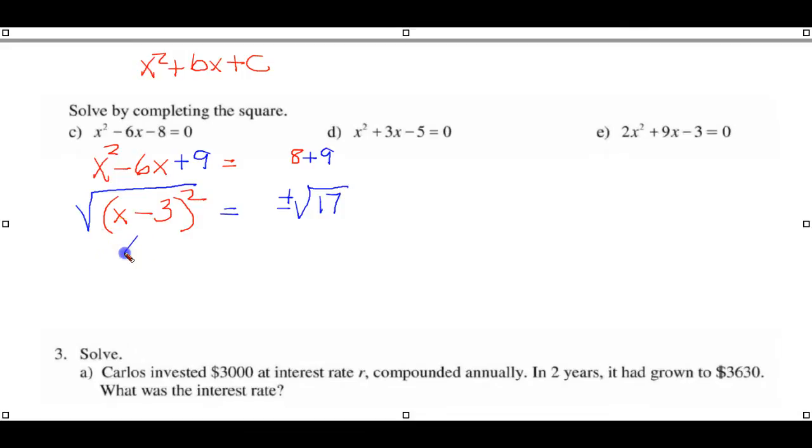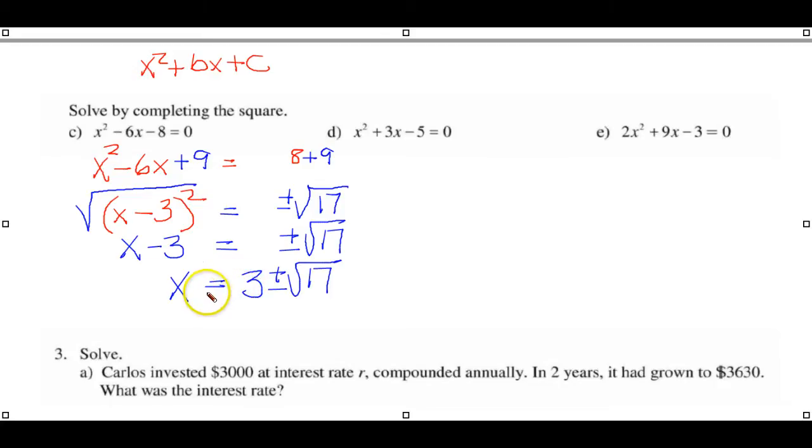Now this becomes x minus 3 equals plus or minus the square root of 17. I transpose my -3 to the other side where it will become a +3 plus or minus the square root of 17.